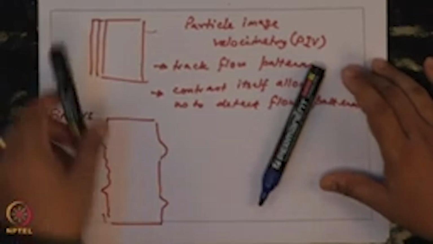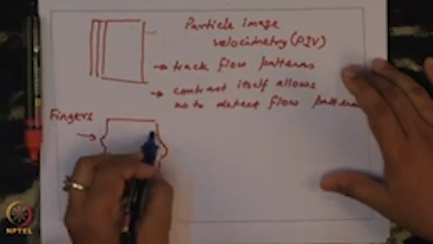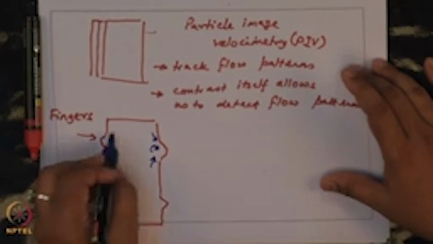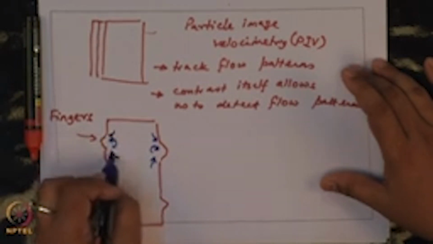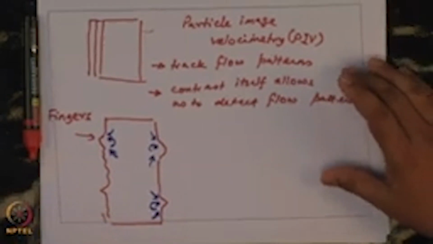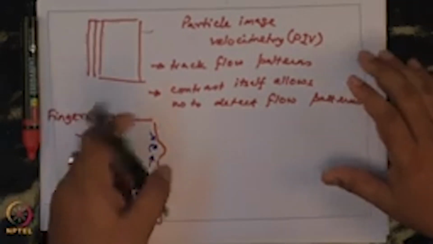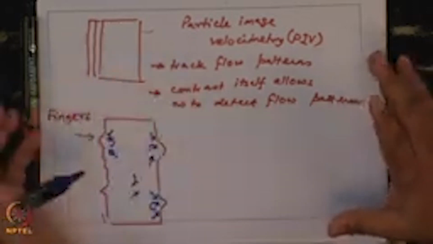And when we were looking at the flow patterns, you could see that there was flow towards the fingers, and so on and so forth. You can have various flow patterns deep inside the tissue as well.